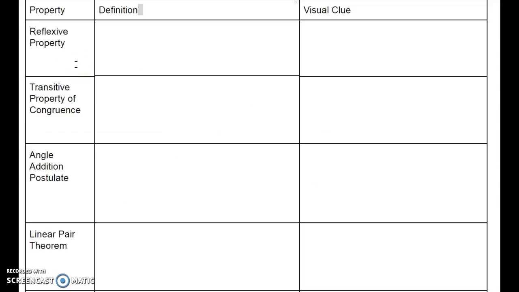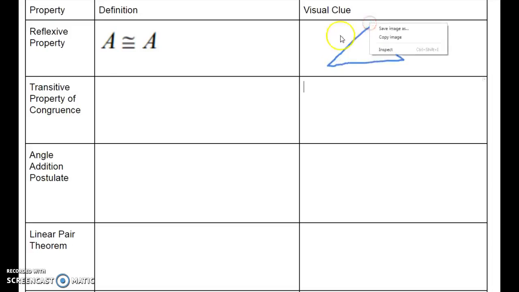Okay, the first tool we're going to need to know how to use is our reflexive property. Our reflexive property is simply A is congruent to A. So that simply means that something is congruent to itself. Where you normally see this, let's say you've got a figure here, you got our triangle here.